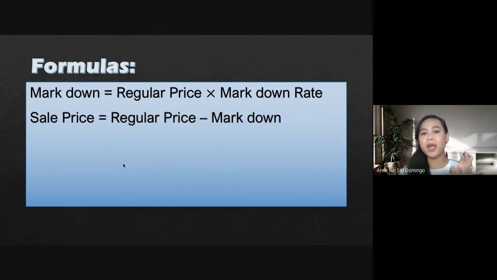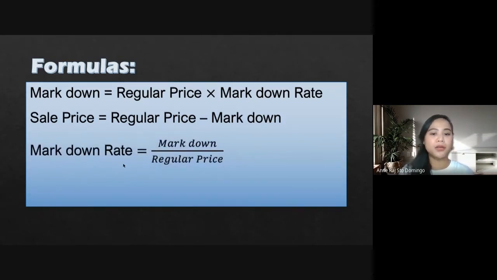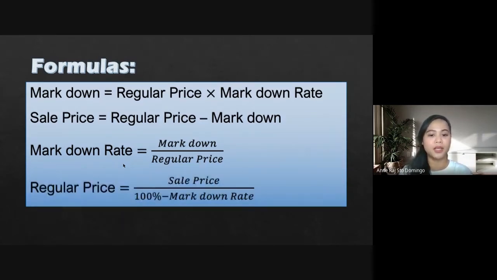So yung markdown yung binaba ng presyo, di ba? And the markdown rate can be computed by getting the quotient of markdown over regular price. And the regular price, we can obtain it kapag may given tayong selling price at markdown rate. So, selling price or sale price over 100% minus the markdown rate.